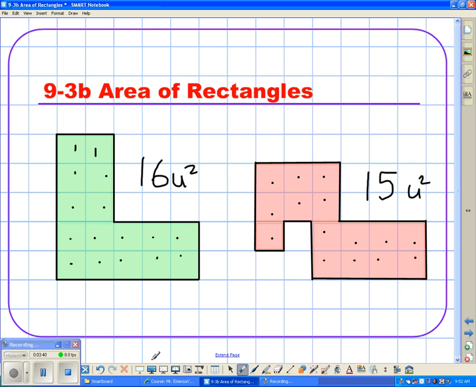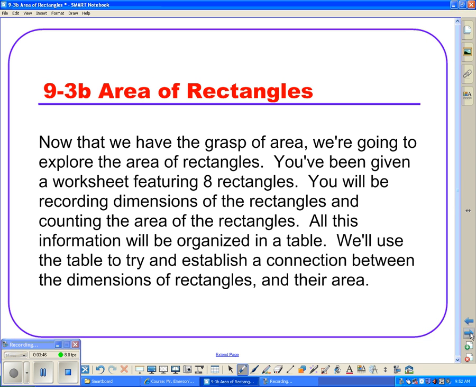Again, we're going to do the same thing in the little activity that we're going to do next. So we got the idea of area. We're going to explore the area of rectangles. You'll find online a rectangle area worksheet or activity, and it features 8 rectangles.